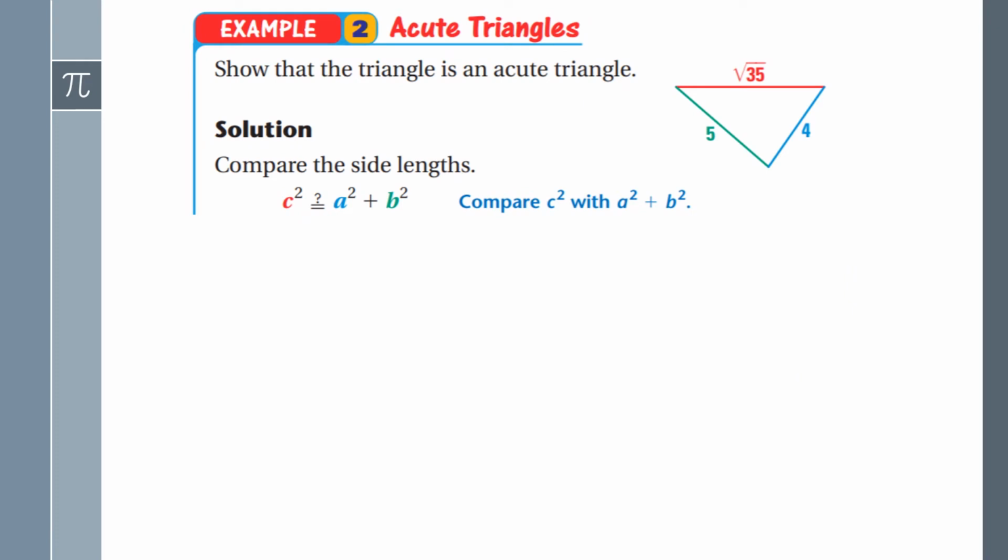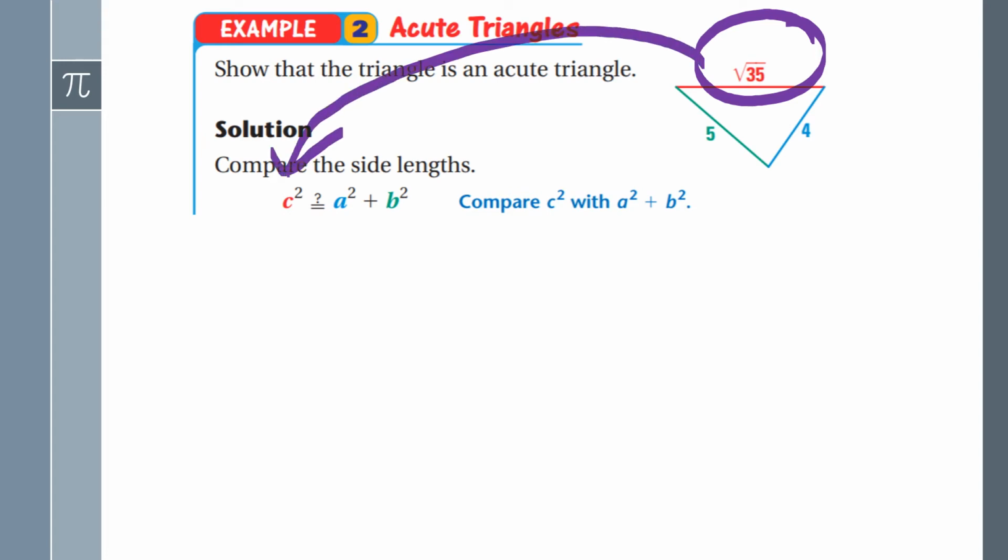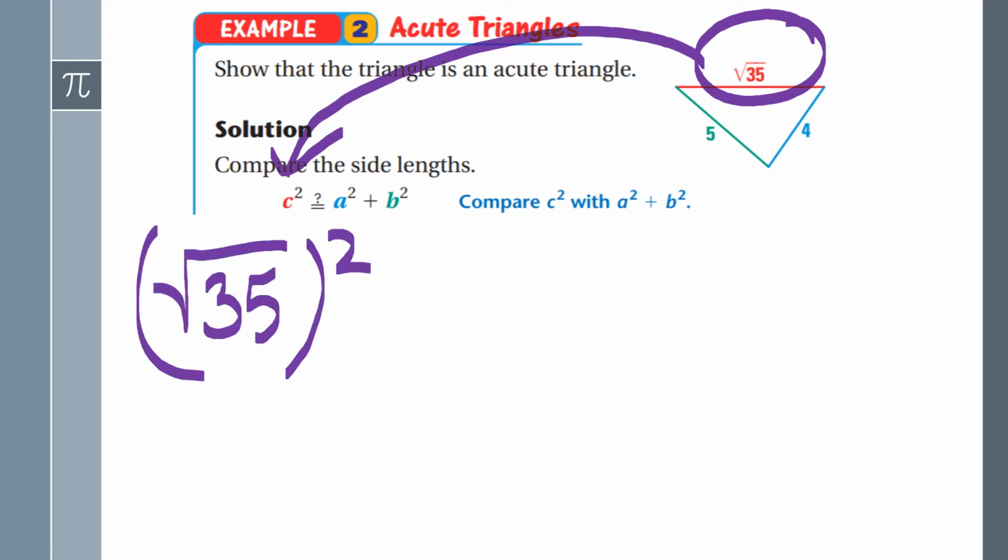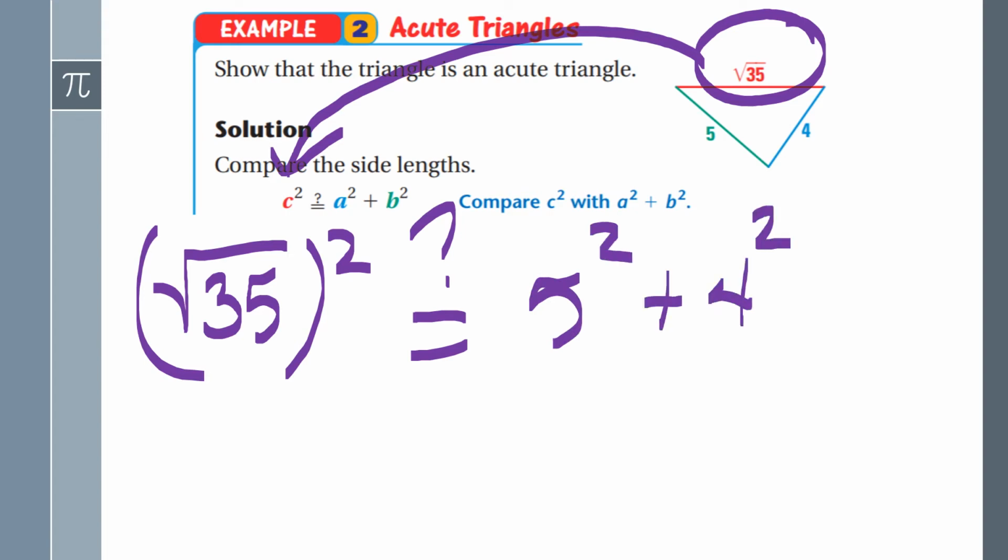To determine if a triangle is acute, you do the same thing. Figure out which side is the longest side. The longest side, which is C, is the square root of 35. So I'm going to substitute that back in the place of C and square it. I want to know, is it equal to 5 squared plus 4 squared?